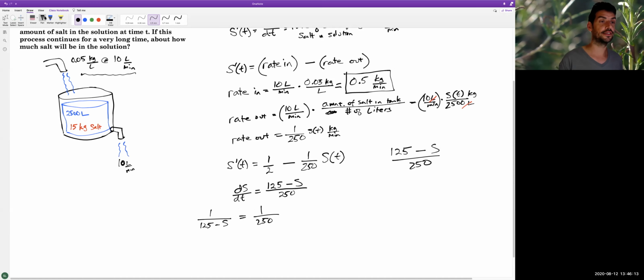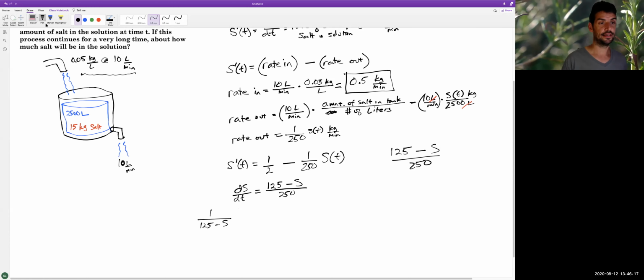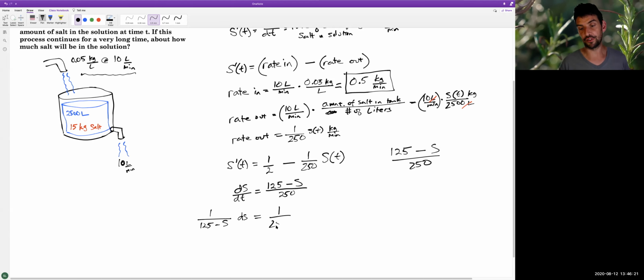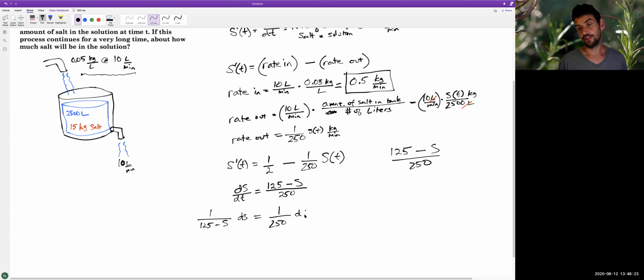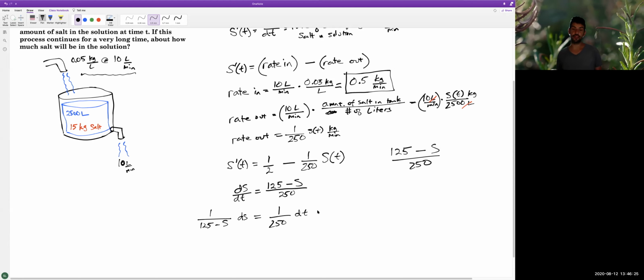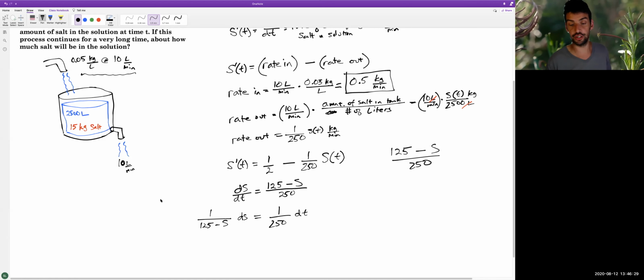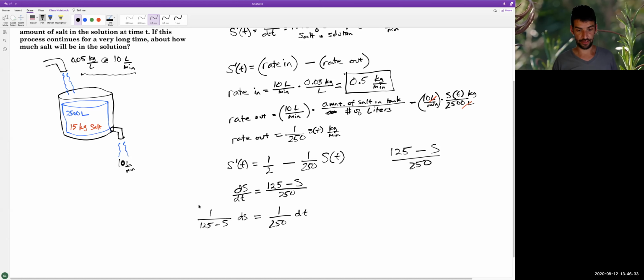Oops, I forgot my dS. Right, so now I'm just following the little map we've made for how to solve separable equations. I've got the t part. There's no t appearing, but I can think of it as the constant function in this case, and the S function on this side.